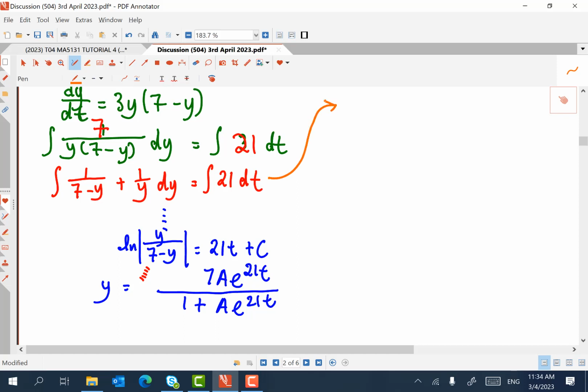Kendall, what color am I using right now? Kenneth, come on.